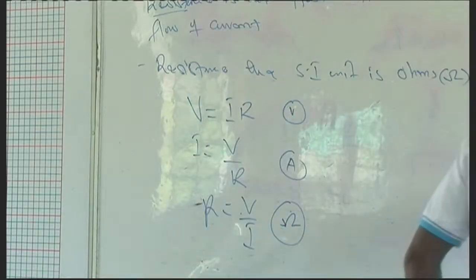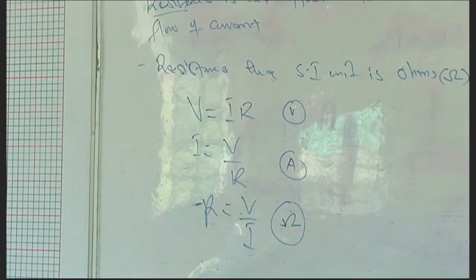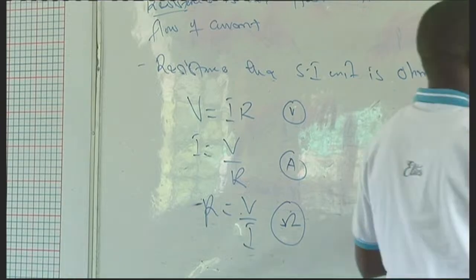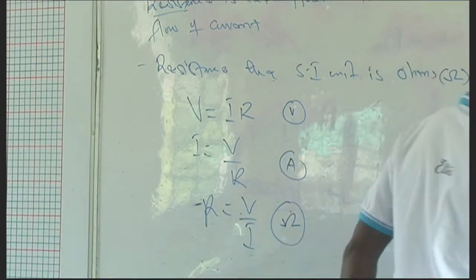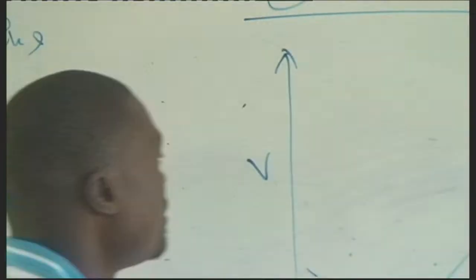Assume that our graph from Ohm's law, which was V against I, was a straight line.